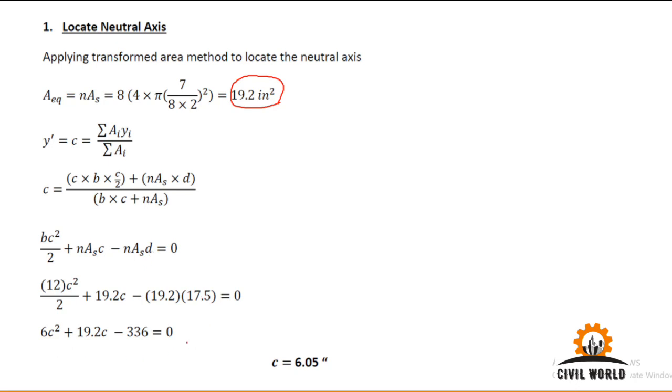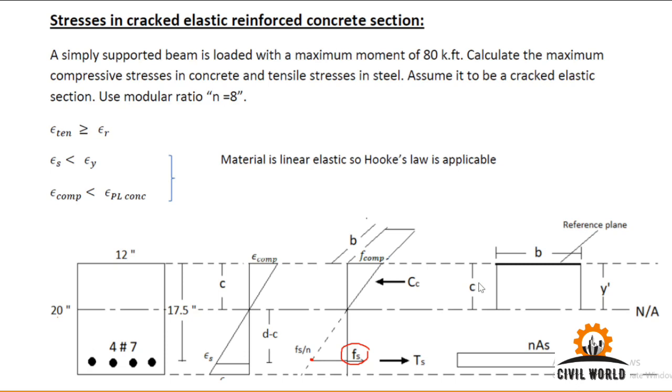So you have this quadratic equation, 6c squared plus 19.2c minus 336 equals 0, and solving it using your calculator, c comes out to be 6.05 inches. So this is c, which is equal to y bar, the location of the neutral axis: 6.05.